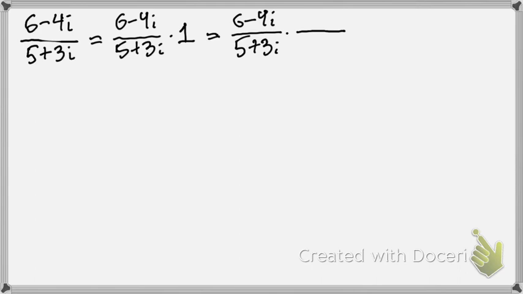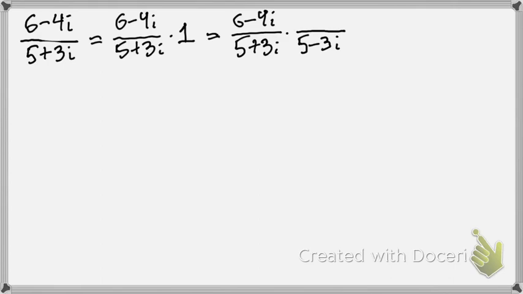And the conjugate of a complex number is the same number but with the sign of the imaginary part changed. So if the number is 5 plus 3i, then its conjugate is 5 minus 3i. So we do not change the sign of the entire number, we simply change the sign of the imaginary part. If that was a plus, it becomes a minus. If it was a minus, it becomes a plus.